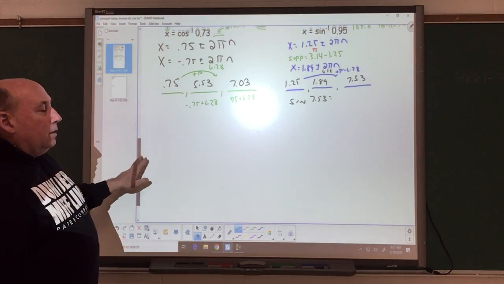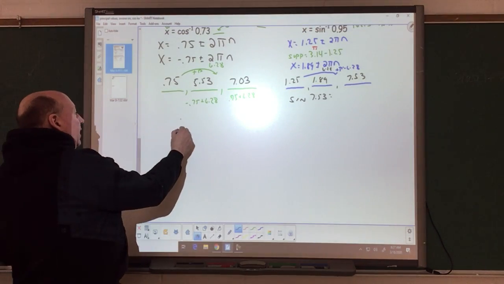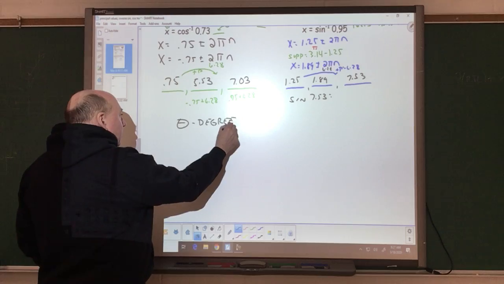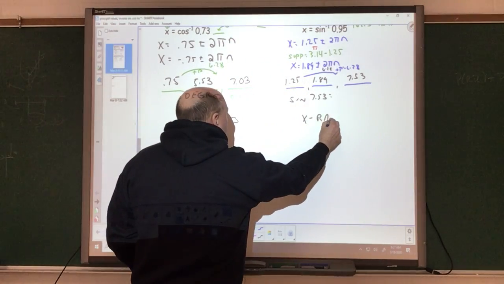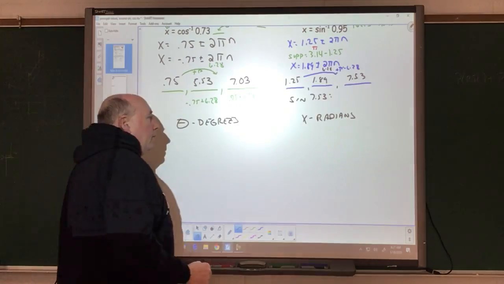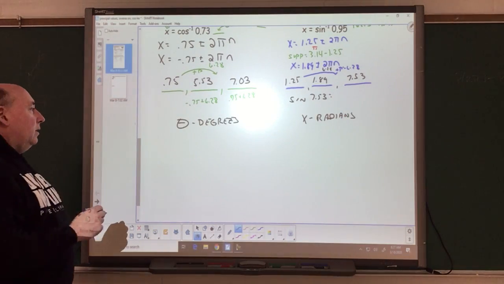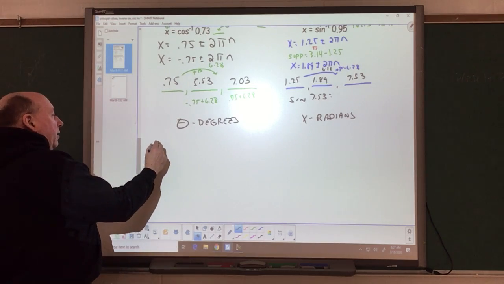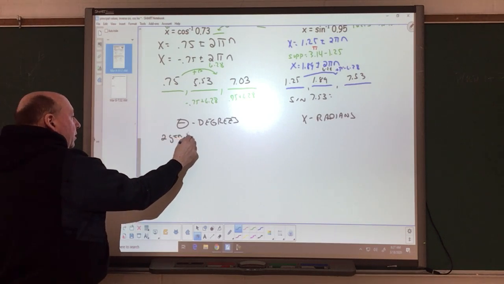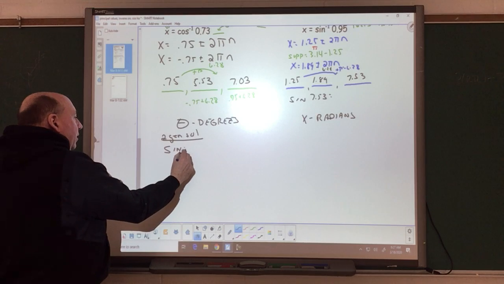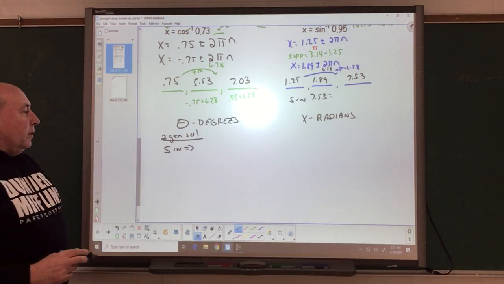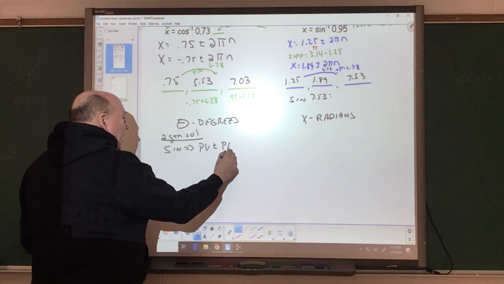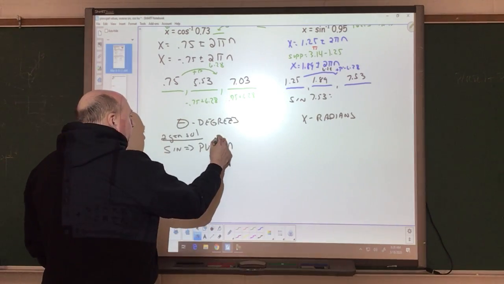So what to pull from this? If we are in theta and degrees, we have x if we are in radians. Our two general solutions when we're dealing with sine: we have the principal value plus or minus the period n, and for our purposes right now, this is 360 degrees.